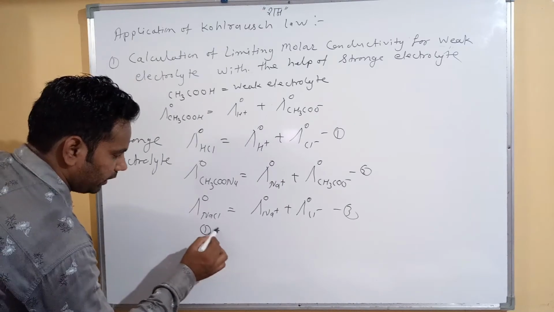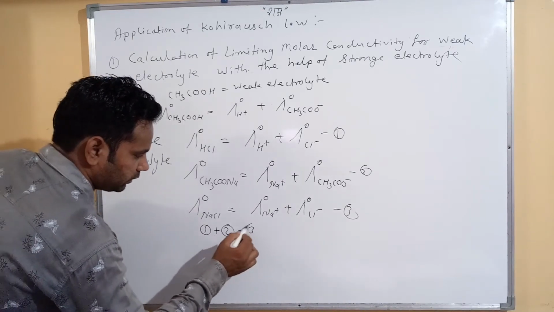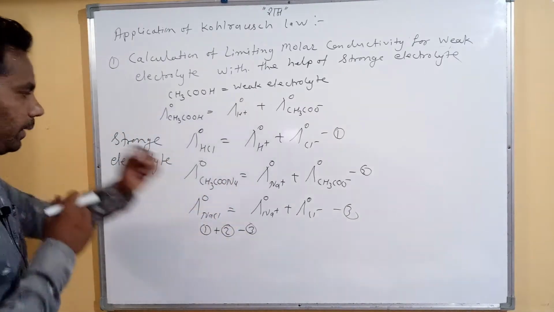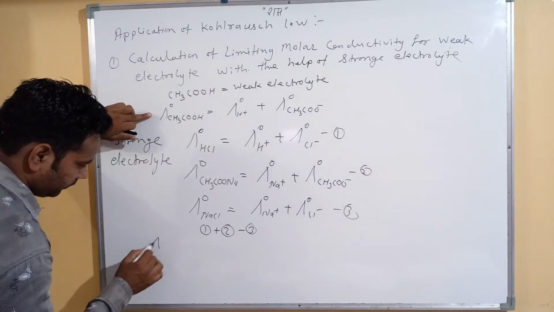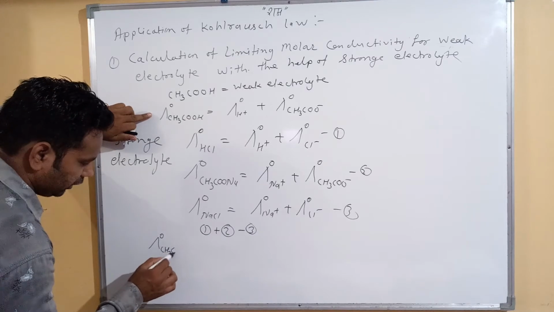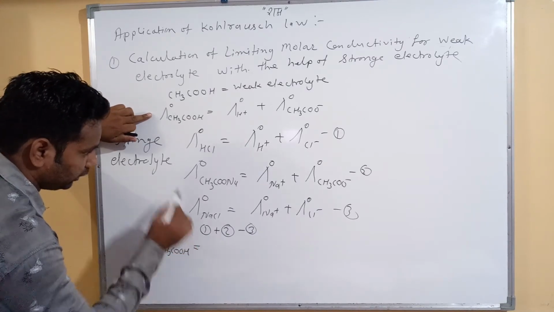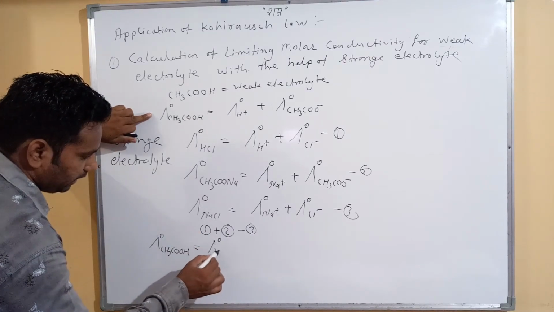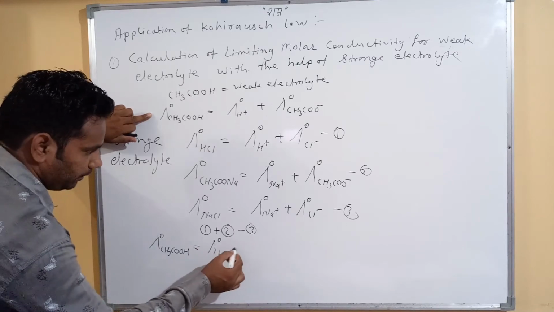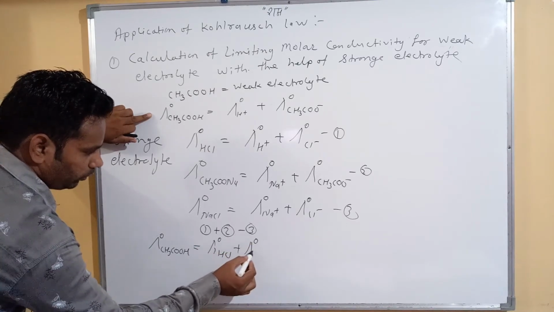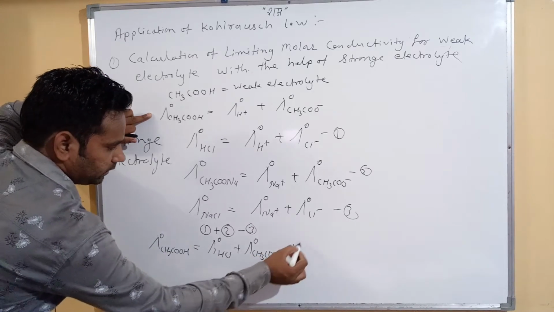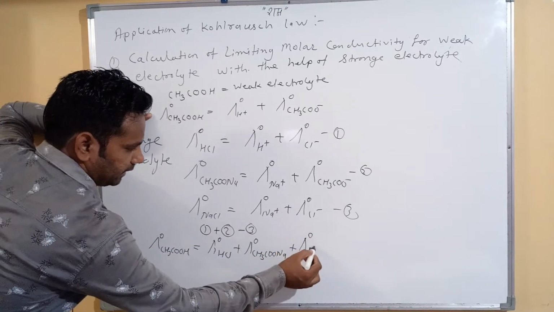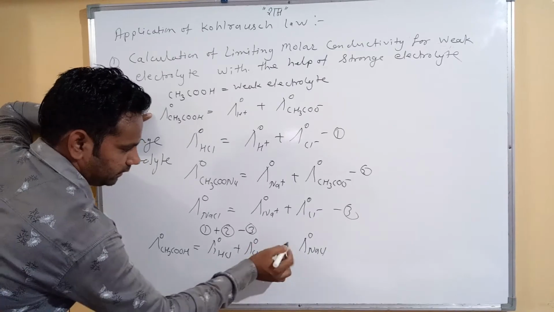So your limiting molar conductivity of CH3COOH is equal to HCl plus CH3COONa minus NaCl.